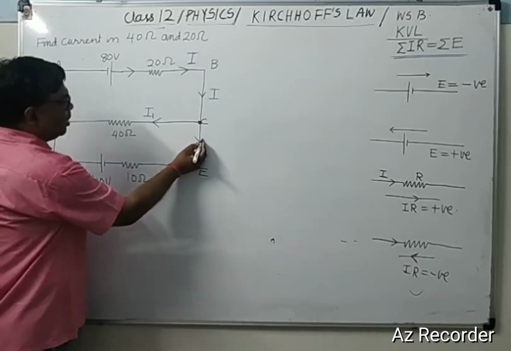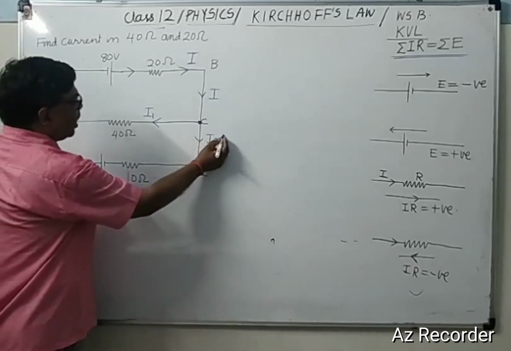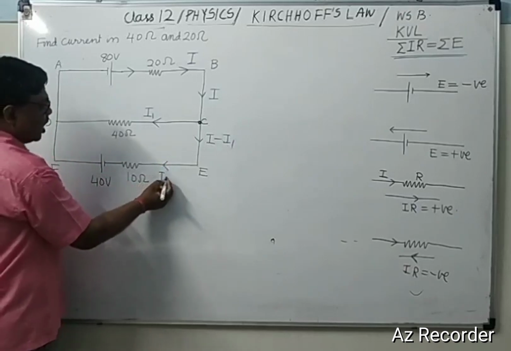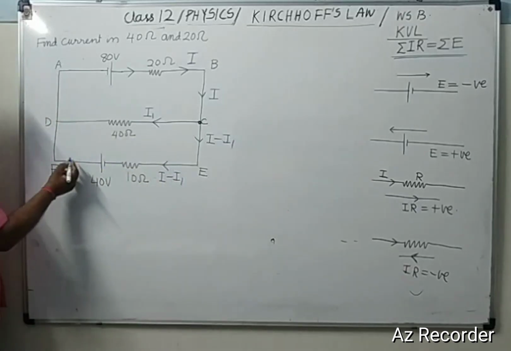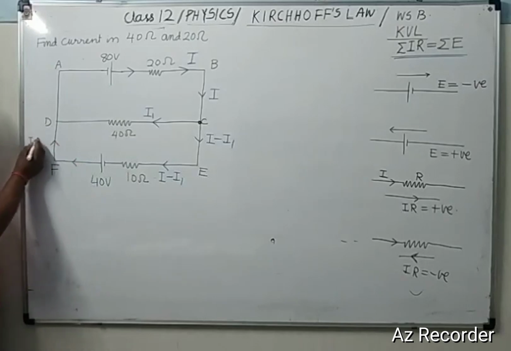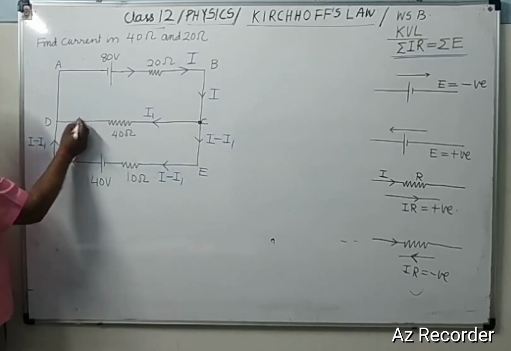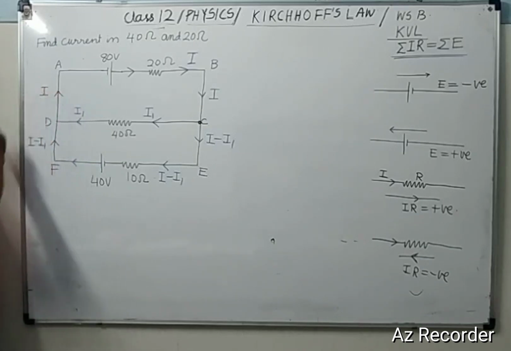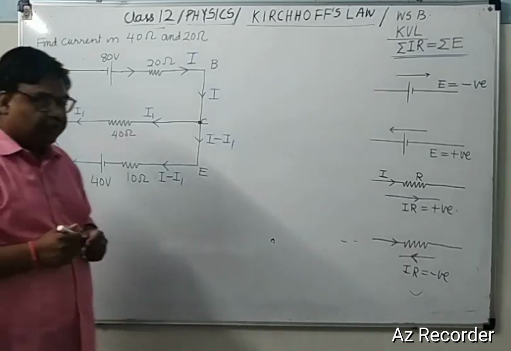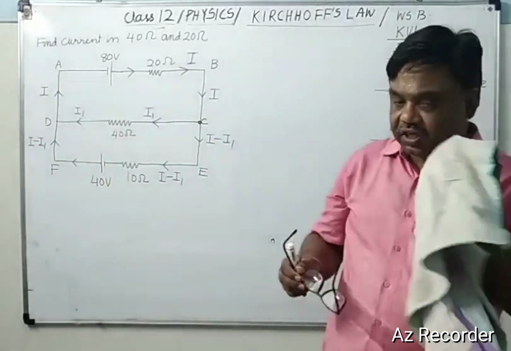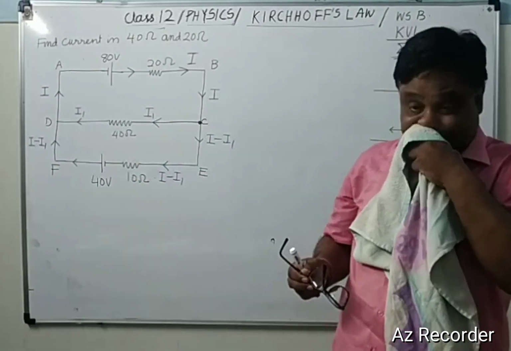Then the remaining current, I minus I1, will flow through the other branch. And I minus I1 current is coming from that side. When both meet here, the current will once again become I. So we have taken a single current, and with its help we will do this question.